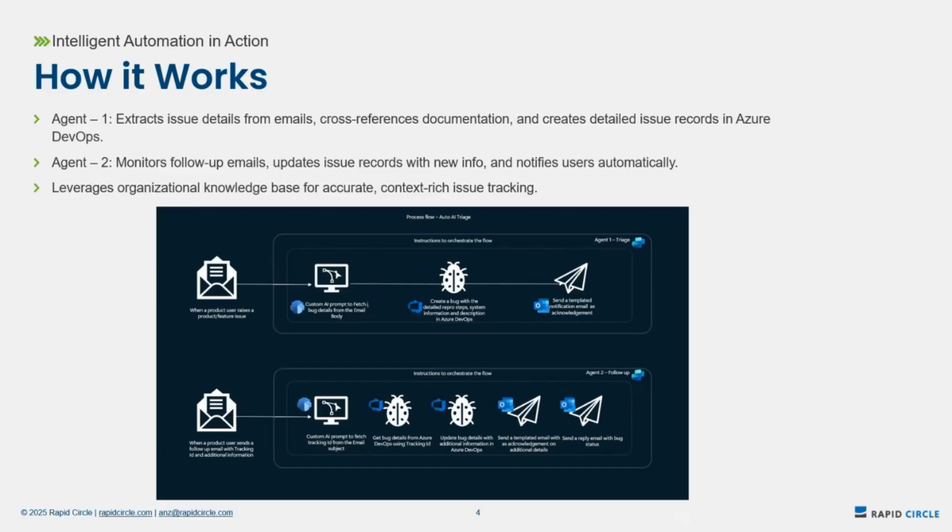It also automatically extracts all the relevant information from the email body, such as steps through which the issue can be reproduced, system details, any metadata, or a description of the issue. It then creates the structured bug or issue in Azure DevOps by leveraging the knowledge that it has.